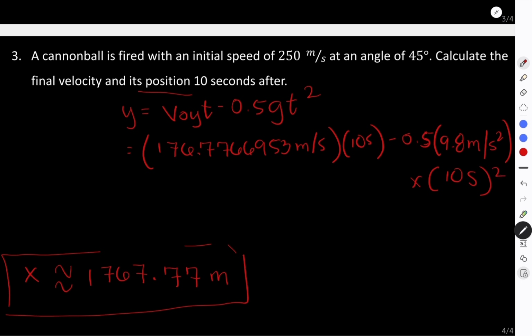The first term is the same as this one, 1767.766953, and we cancel this, that is meter.